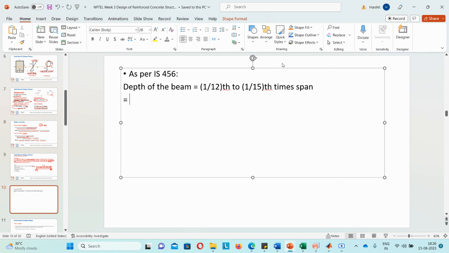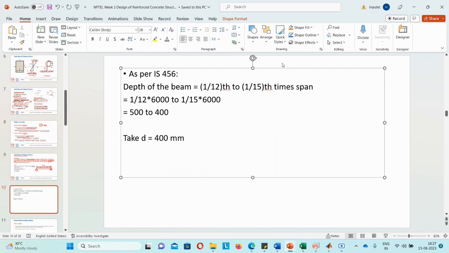Which will be equal to 1/12 times 6,000, since it is given in meter we have converted into millimeter, to 1/15 times 6,000. So it will come out to be 500 to 400. Let's take small d as 400 mm. We will see if it is getting over reinforced, then we can increase the depth of the beam also. But right now we will take d as 400 mm.